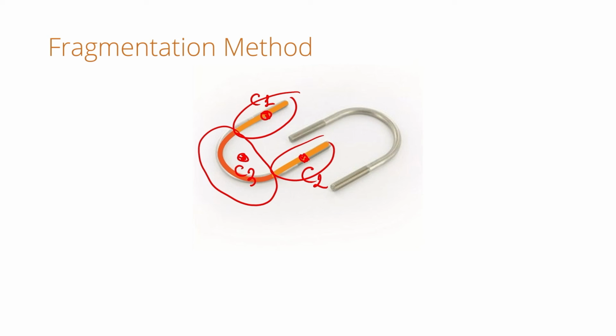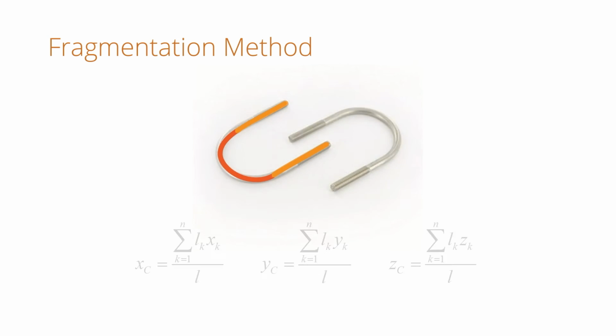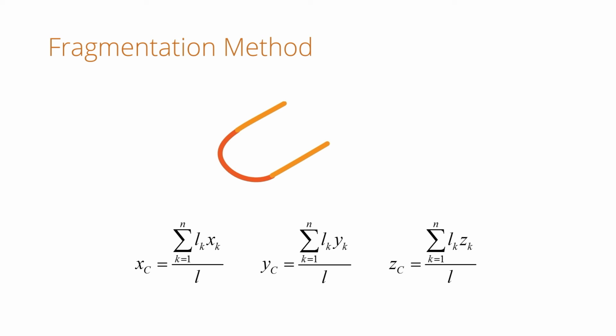We can also determine the coordinates of such composite figure using the fragmentation method. And the length of the corresponding part and the coordinates of the centers of gravity are all fragments of such figure.